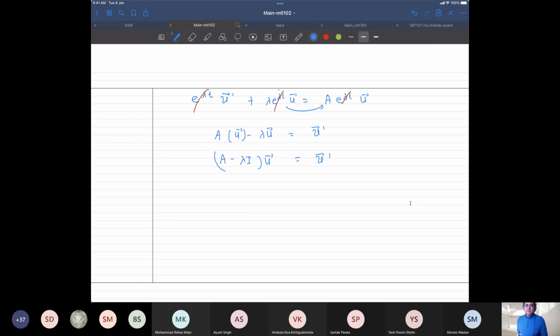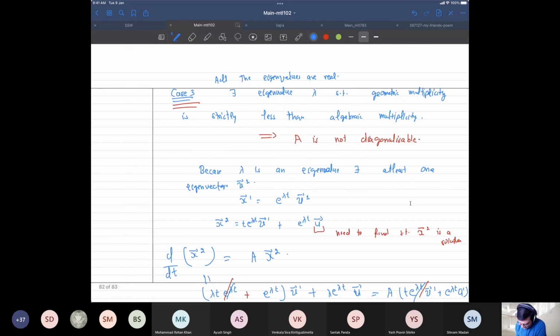But the question we are currently concerned about is, what is the guarantee that such a U exists, and most importantly this U should be such that x1 and x2 should be linearly independent, right?